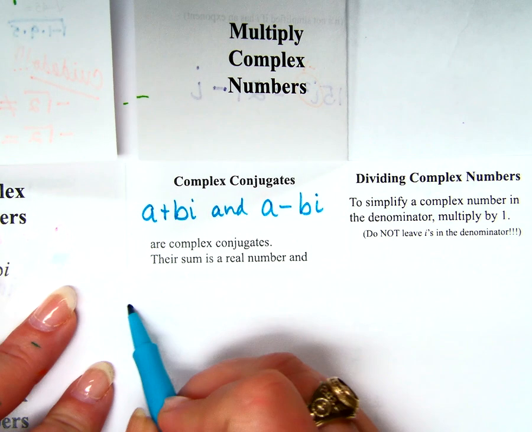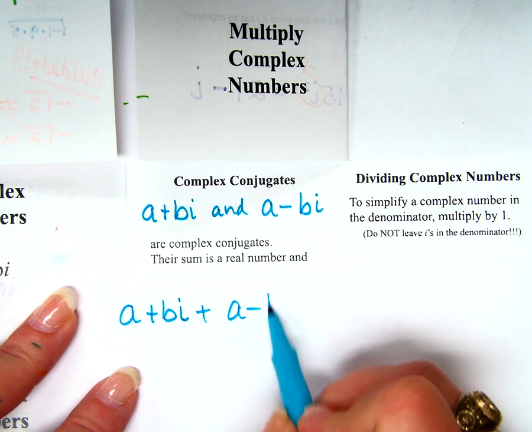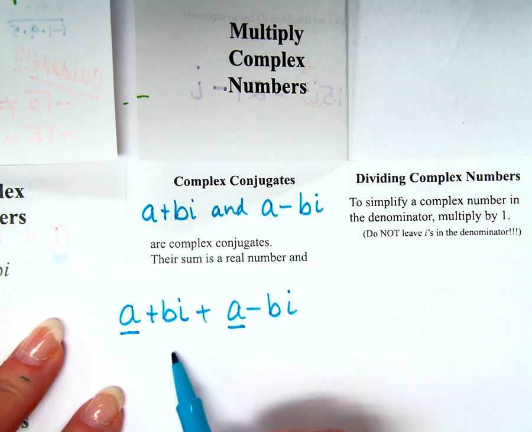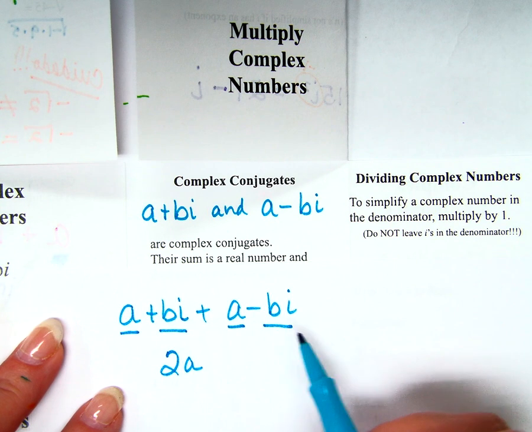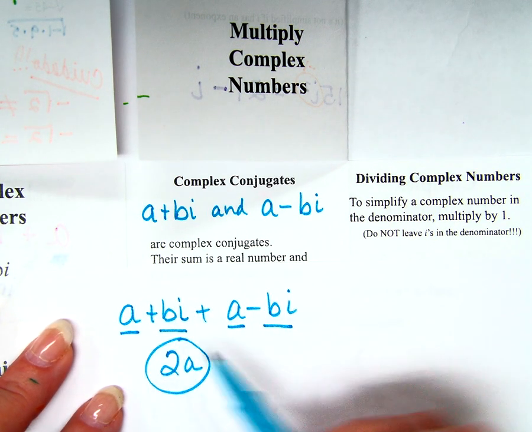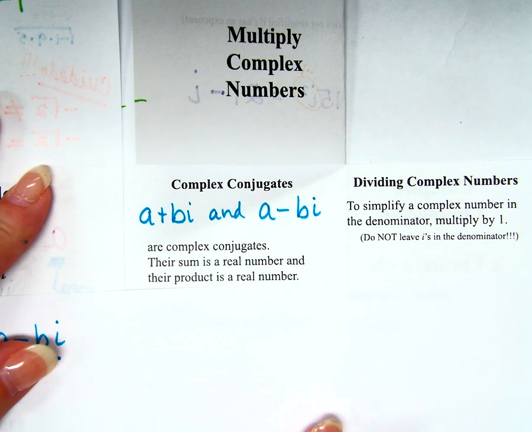Add them. So if I say A plus bi plus A minus bi, let's add them together. What do we get? Real parts give me 2a, and imaginary parts give me, oh, their sum is a real number. Is that a real number? Yes, it is.